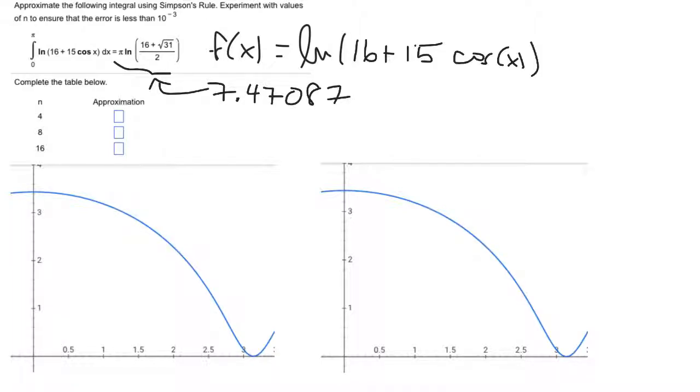I got about 7.47087 for this pi times log expression that they say is the exact answer, to at least 4 decimal places. The real point of the question is to figure out how far down you have to go before you see this much error. But they want us to do it by experimenting with the actual value, as opposed to using the error bounds. That is fine. We could play that game.